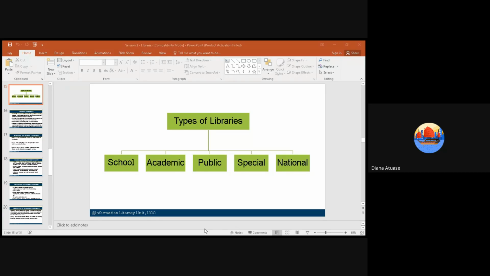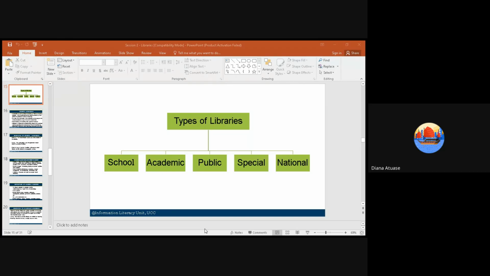We know that it's meant for pupils and teachers in a particular school. And we have the special libraries that are found in institutions and organizations. The public library belongs to everybody, regardless of your age, your gender, your citizenship, your ethnic background.